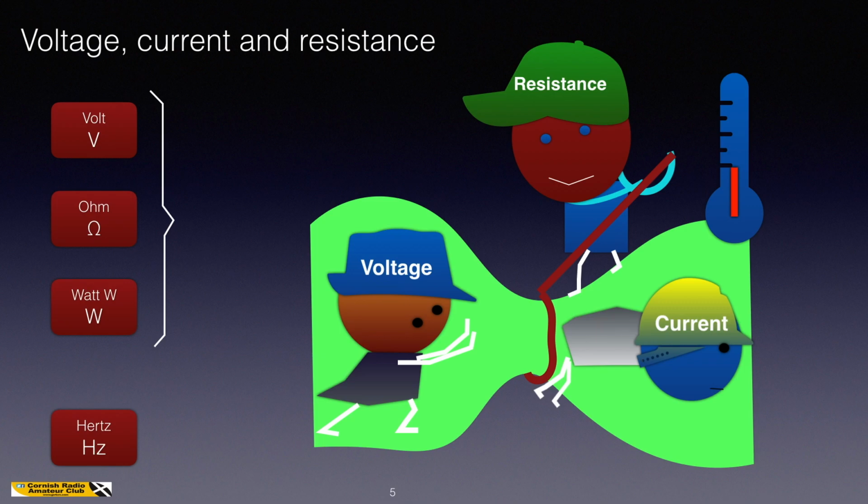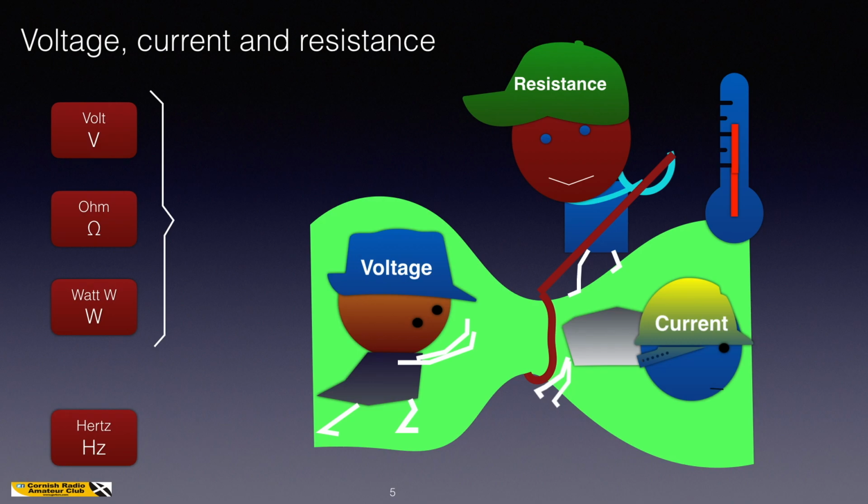And the act of current going through a resistance causes heat. It causes power to be dissipated, and you can see the power dissipated as heat on the little thermometer there. So this is a useful graphic to remember when we go through the explanations that follow.